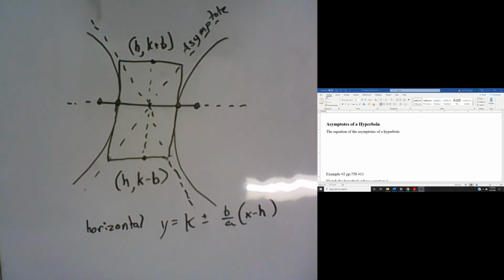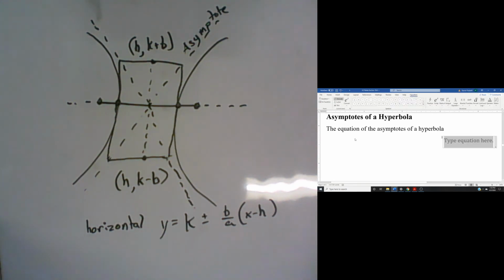I'll write this in the computer so you will also get it. So we get y equals k plus or minus b divided by a, x minus h.